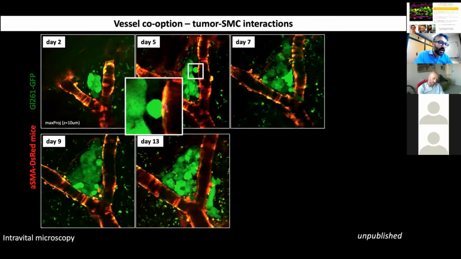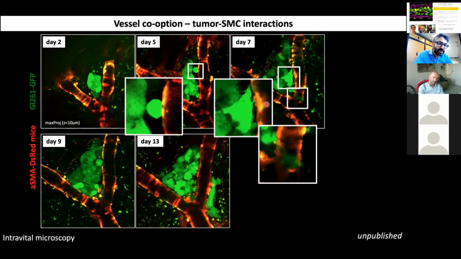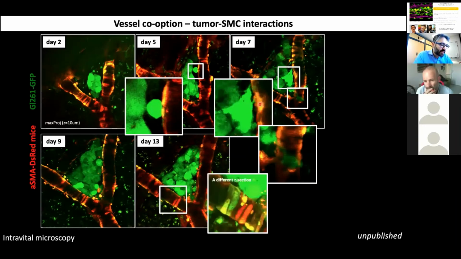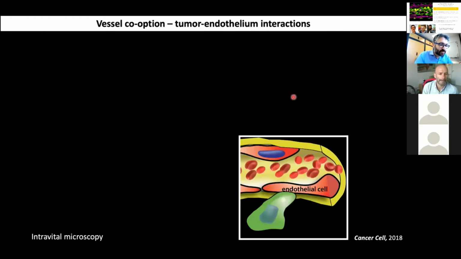You see that tumor cells really touch the smooth muscle cells, but even more interestingly, for me and for the literature in the last years, you definitely see even nanotubes that are maybe connecting with the smooth muscle cells, or even, at the late stage, some smooth muscle cells that have been replaced by the tumor cells. You can also see a case in which the tumor cells really start wrapping the arteriole.